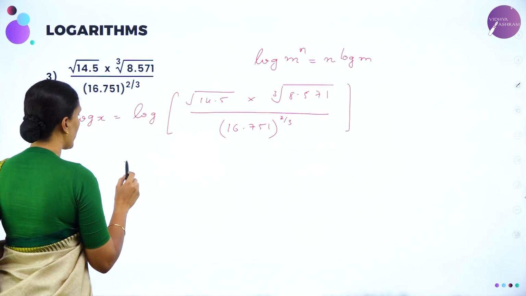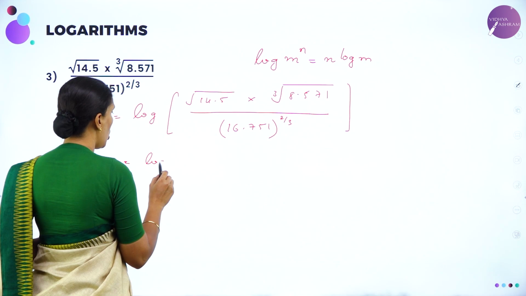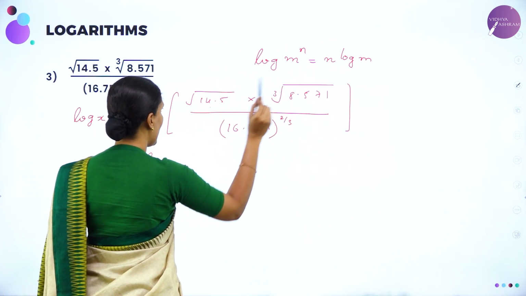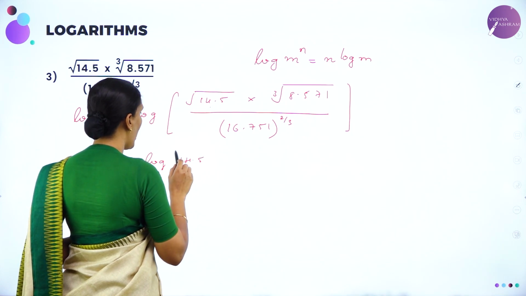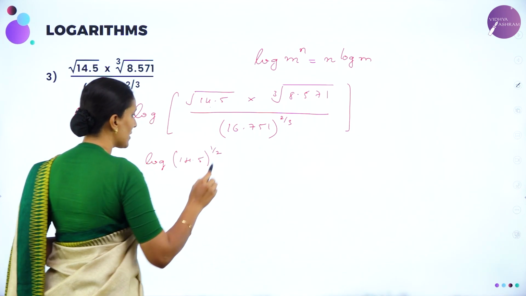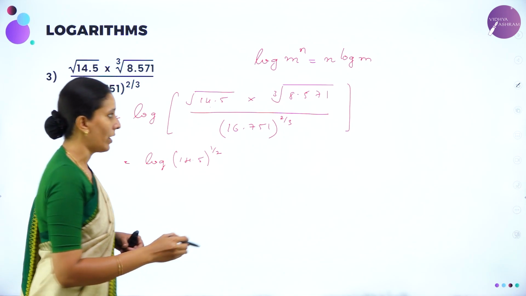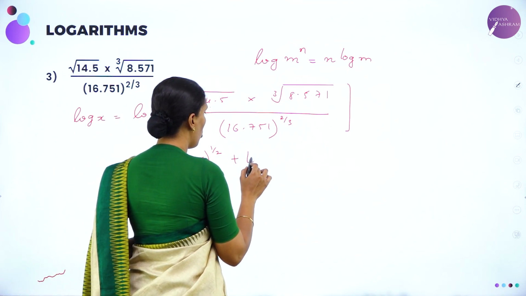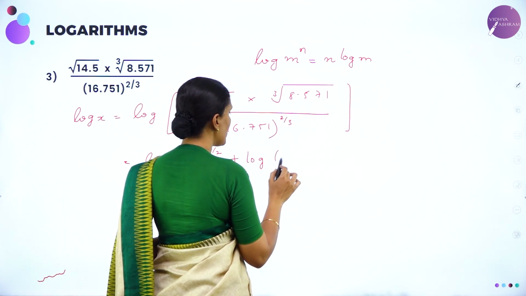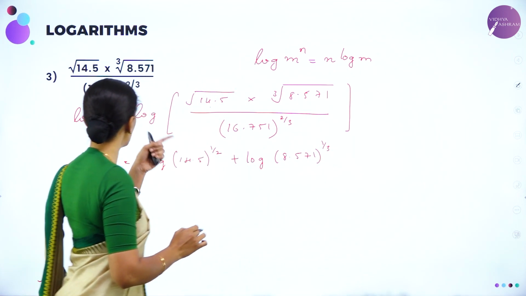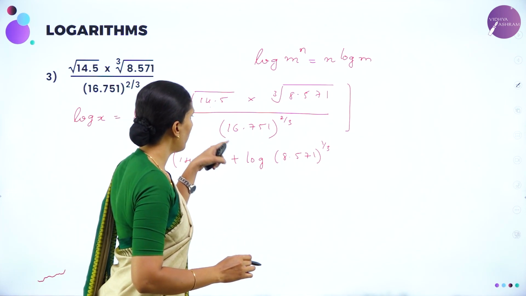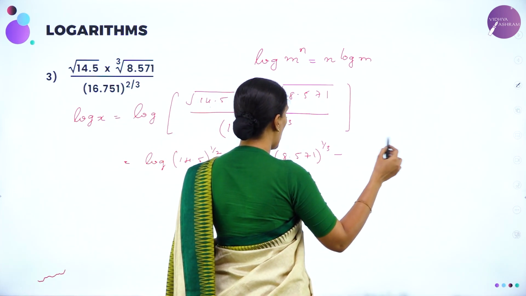Now, applying log here, we can write this as log m plus log n. So, I can write this as 14.5. I'll write square root as 1 by 2 because the index form of square root is 1 by 2 plus log of cube root, index form is 1 by 3. So, I'll write it as 1 by 3. So, next is, this is in the denominator. So, I'll use minus log n form.